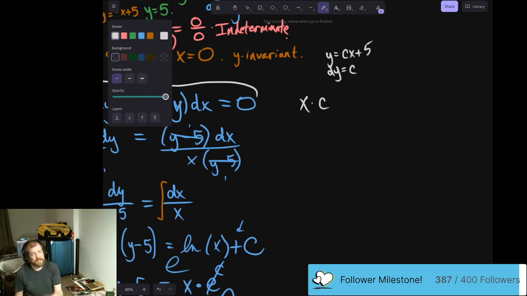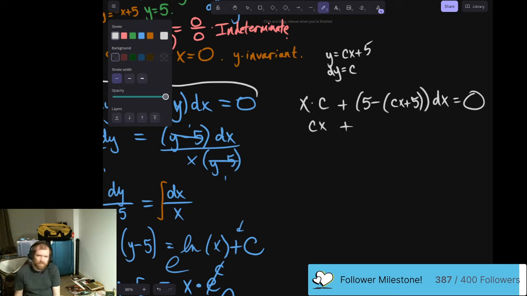So this is x times c, which was dy, plus 5 minus y, which is cx plus 5, dx is equal to 0. Here we get cx plus... dx should probably just be 1. Yeah, wait, never mind. We're good. When you take the derivative of a single variable and get a single variable back, then again, we took the general derivative operator of both sides.